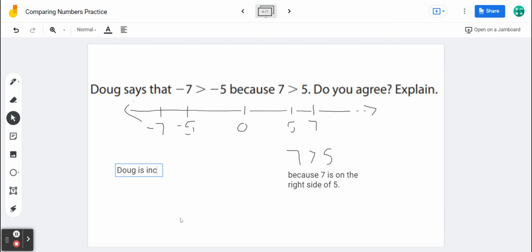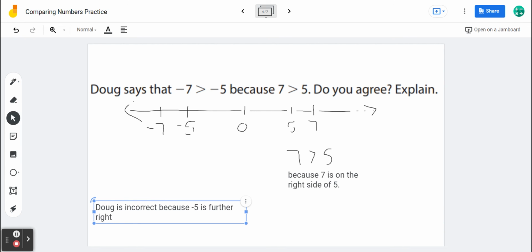Doug is incorrect. Because, and I keep using my number lines for this in my explanation, you guys can too. Everyone understands number lines. Doug is incorrect because negative 5 is further right. Or instead of saying further right, we can just say on the right side of negative 7.